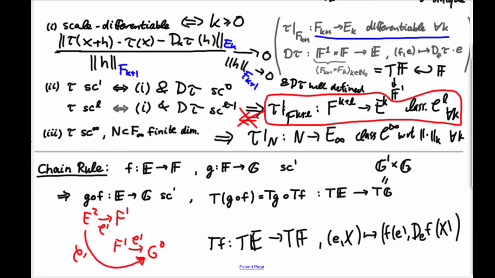But now the composition goes from E2 to G0, so you had to jump by 2. So this extra condition should allow you to go directly from, where are we now, E2 is dense inside E1, to be able to extend this C1-ness to the closure. So that's what we'd really like.